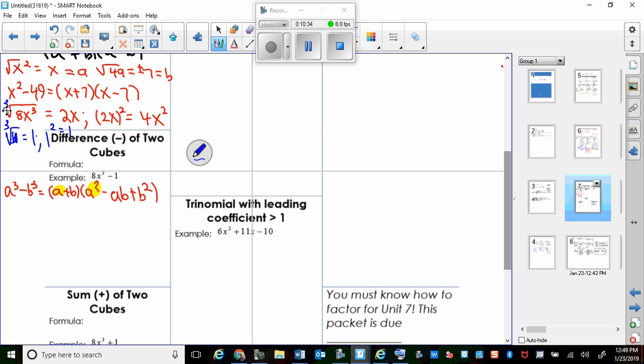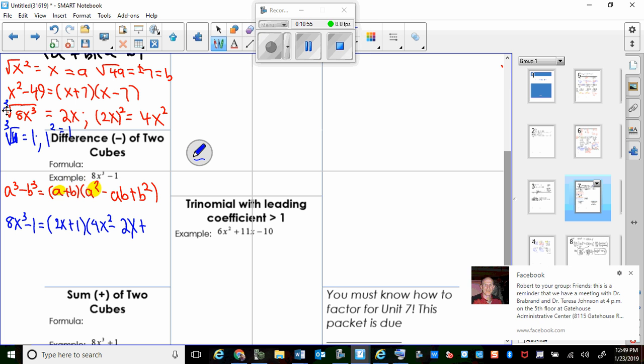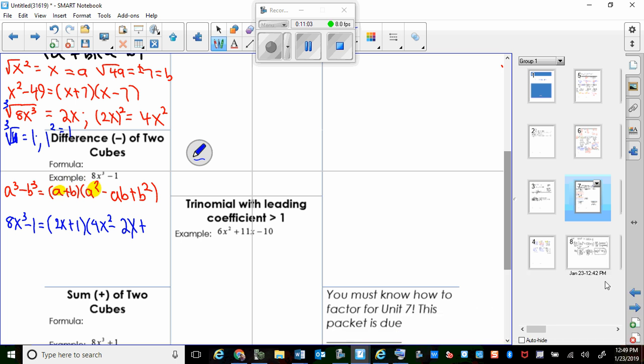So when I'm writing this out, I have my original expression, 8x cubed minus 1 equals 2x plus 1 times 4x squared minus 2x times 1, or minus 2x, plus b squared, or 1.